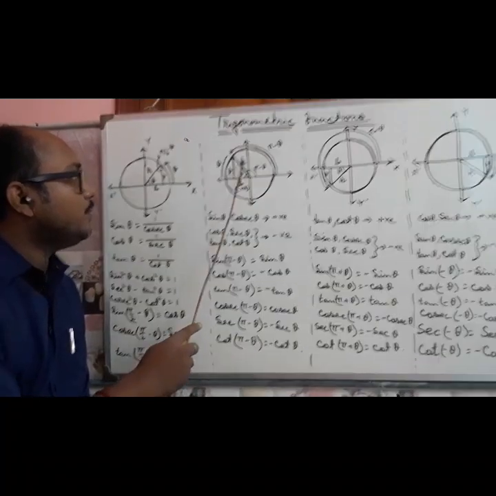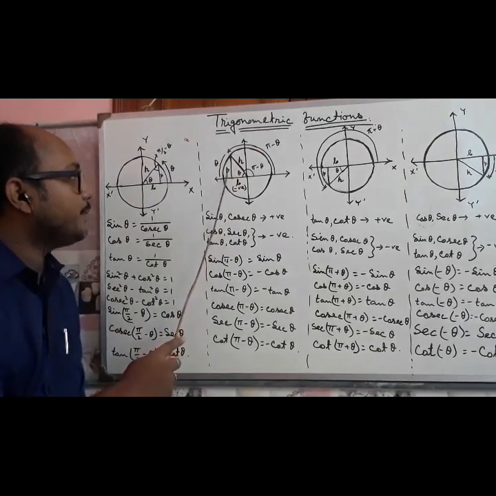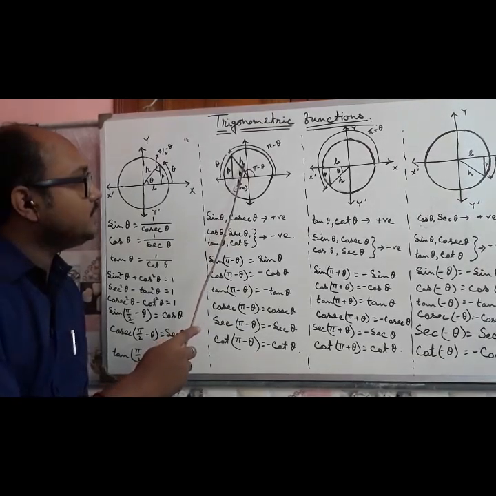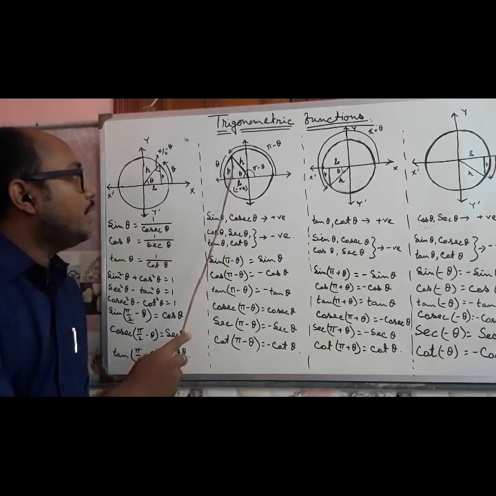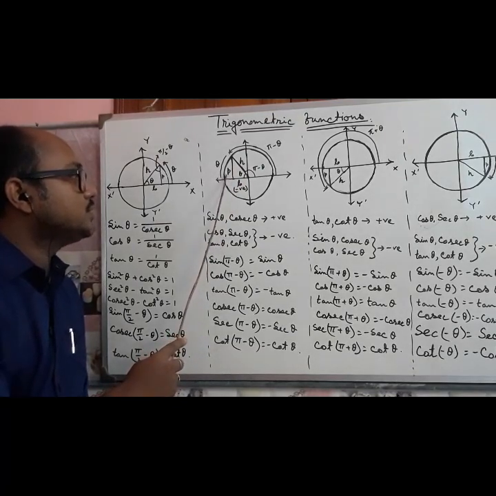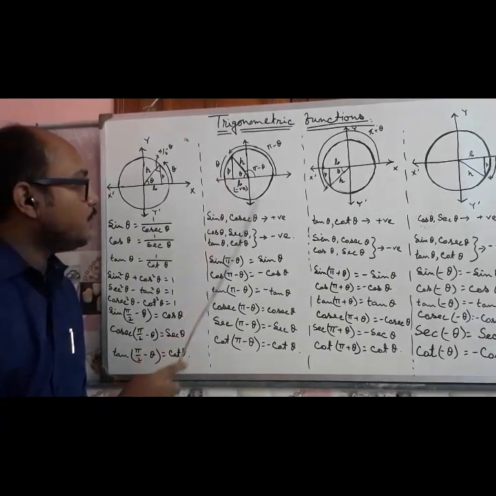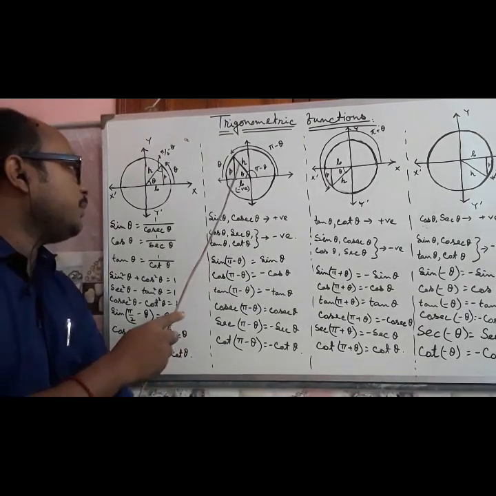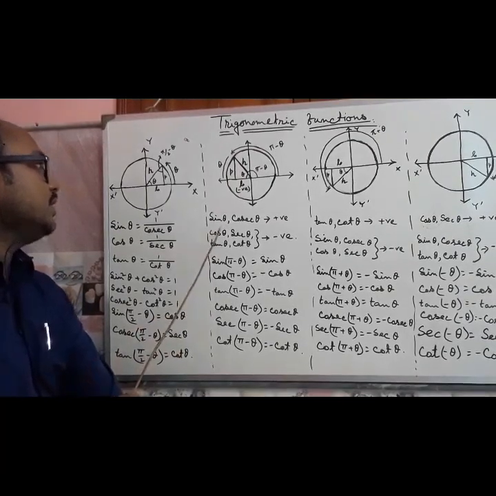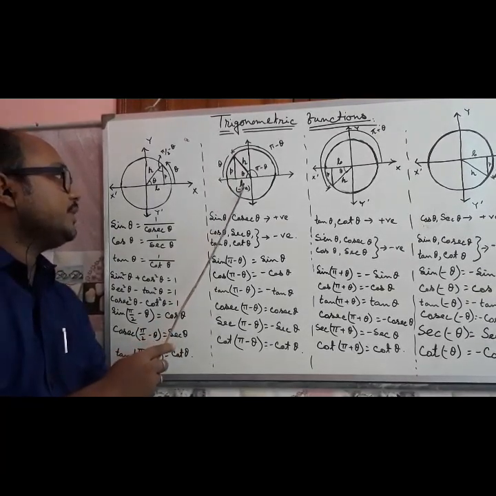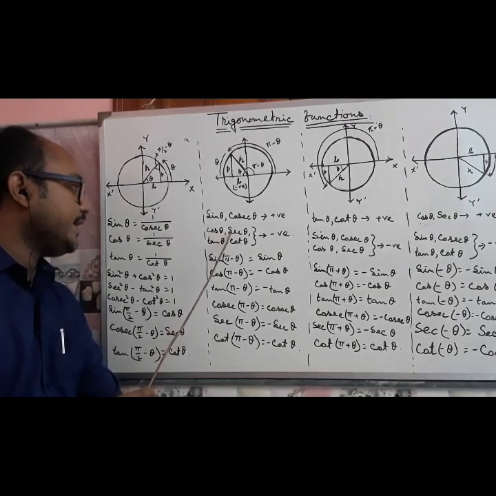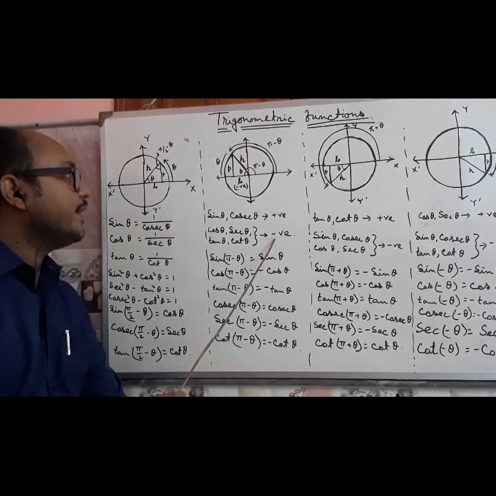Perpendicular by hypotenuse, that means sine, and hypotenuse by perpendicular, that means cosec. These two are positive, and the rest, cos, sec, tan and cot, these are negative.